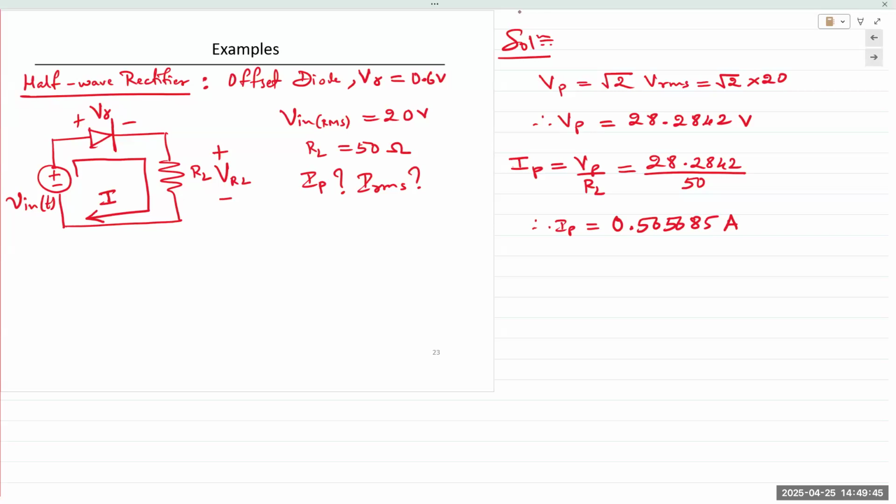Anyway, I just felt like taking 6 decimal places. Typically, I take only like 3. All right, so now we can find the RMS value. RMS would be 0.707 times IP, so 0.707 times 0.565685. And I get an RMS value of, what do I get? 0.399.